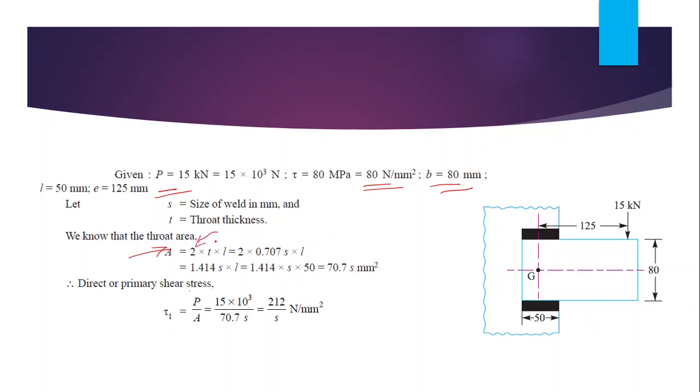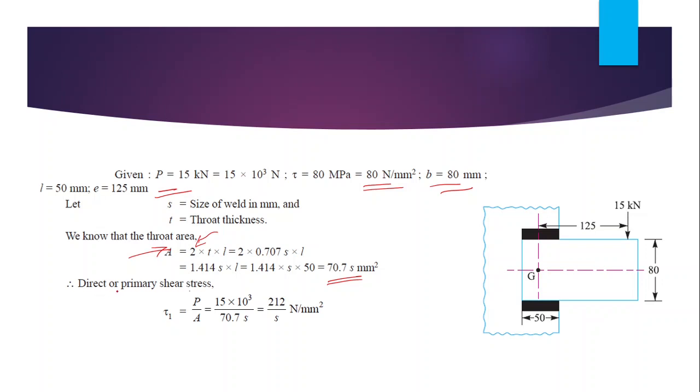Otherwise, for a single transverse weld, the welded area is T into L. For a double parallel fillet weld we use 2 into T into L, and T is equal to 0.707 S, where S is the size of the weld in mm and L is the length. Then this particular area is equal to 70.7 S mm square.